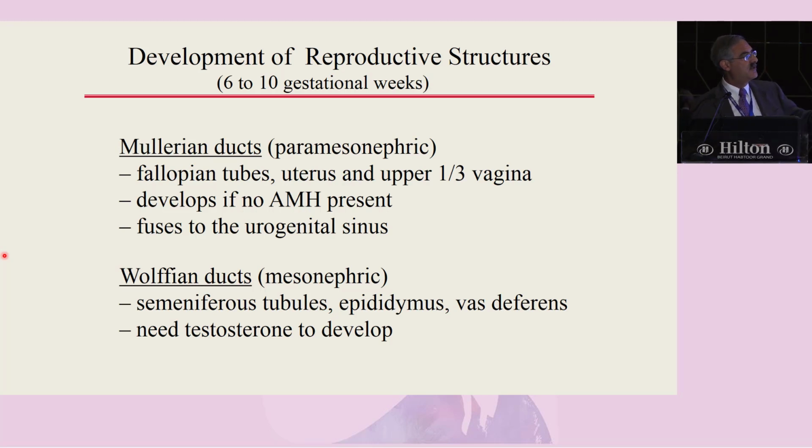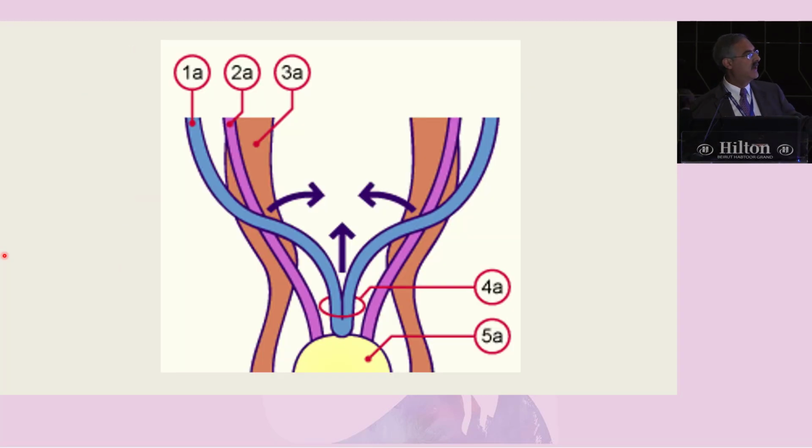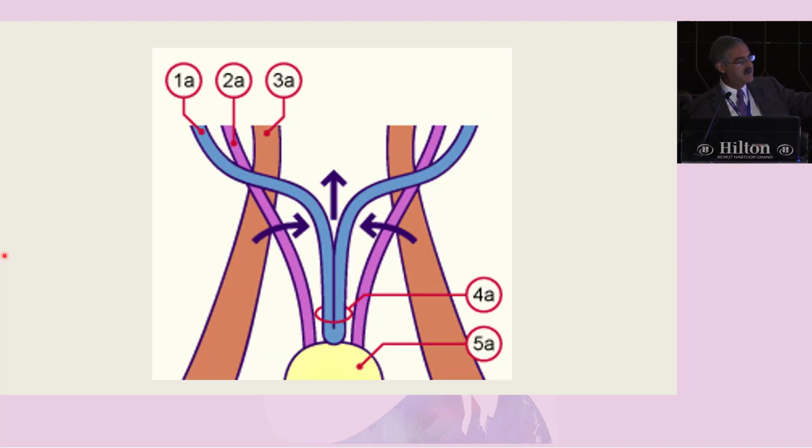This schematic shows in blue the Mullerian tubes as they start about 5 weeks. They have to come together down at the bottom. They fuse together. And then where they fuse down in the lower portion, the wall in between dissolves, and we know enzymes now that are involved in this process.